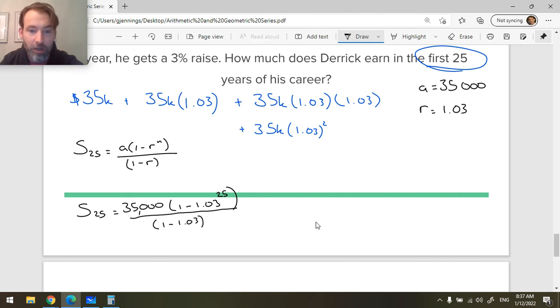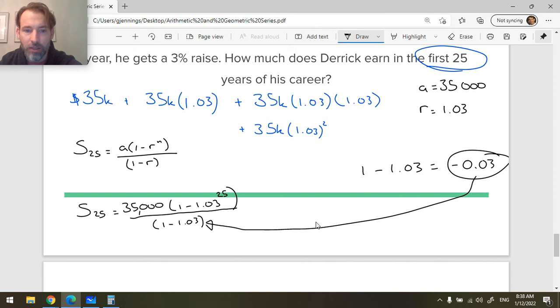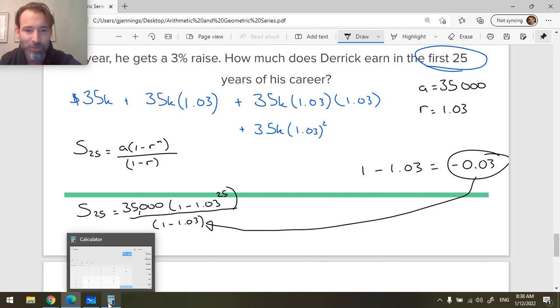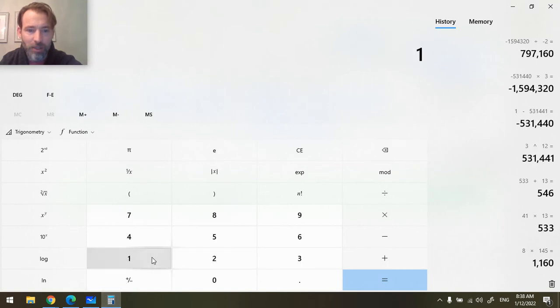I'm going to start by doing the exponent inside the bracket, then subtract it from 1, then multiply it by 35,000, and then divide it by 1 minus 1.03, which is equal to negative 0.03. That's this number here. I'm not going to write out a whole other line.